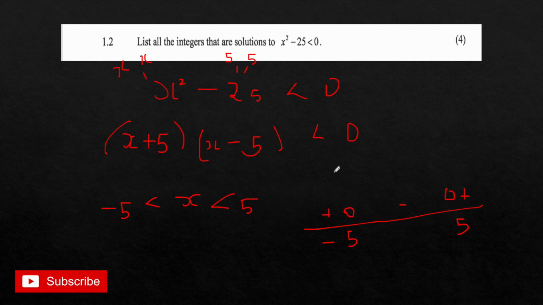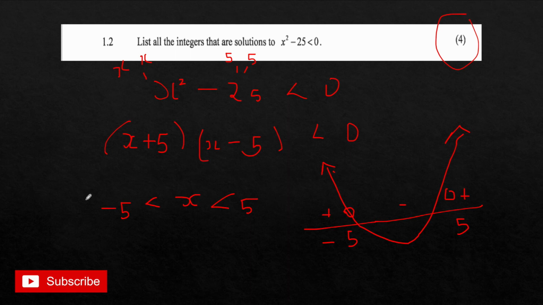These will be your intercepts, minus 5 and 5. I did not draw to scale, but hope you get the idea of what you need in order to present your solution, and you will get your 4 marks.